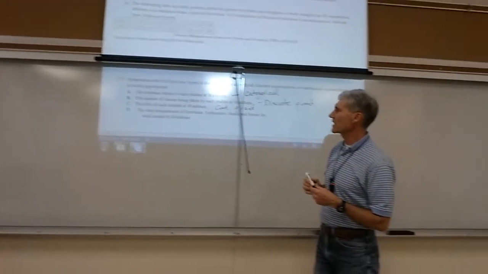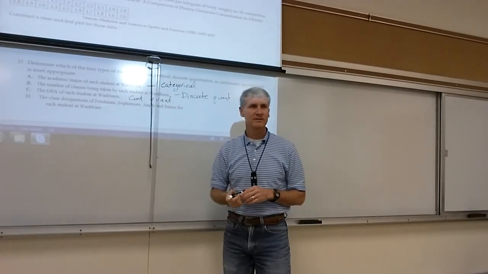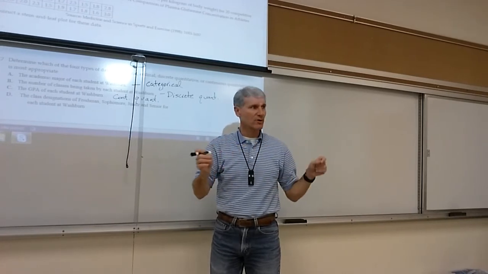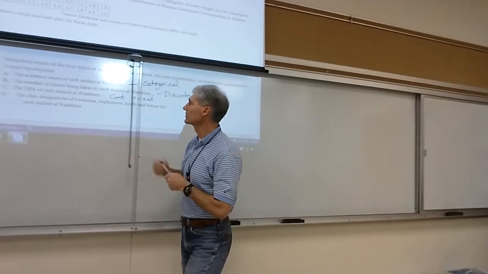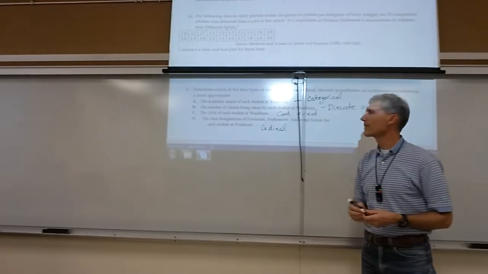And then D, the class designations of freshman, sophomore, junior, senior. Those are just categories, but there is a natural order to them. So ordered categories is ordinal. So that's ordinal data.